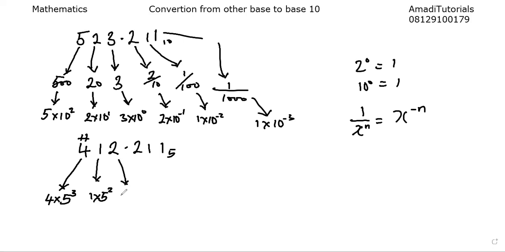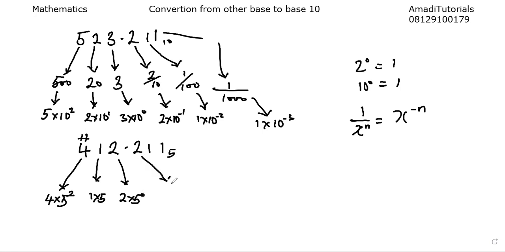Sorry, I made a mistake. I'm following the same procedure. It's 100, so it will be raised to the power of 2. Then 2 times 5 raised to the power of 1, and then times 5 raised to the power of 0.